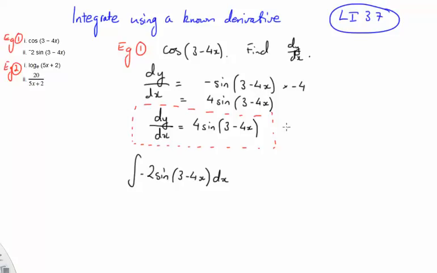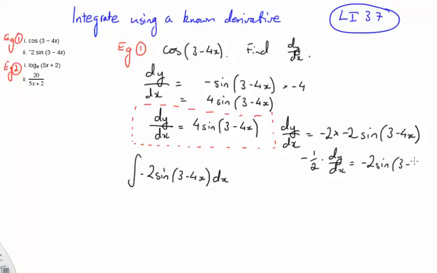Let's do that. So we can say that dy/dx equals negative 2 times negative 2 sin(3 - 4x), because negative 2 times negative 2 is 4, and we've got that negative 2 out the front. Now we divide both sides by negative 2, and we get negative a half dy/dx equals negative 2 sin(3 - 4x).